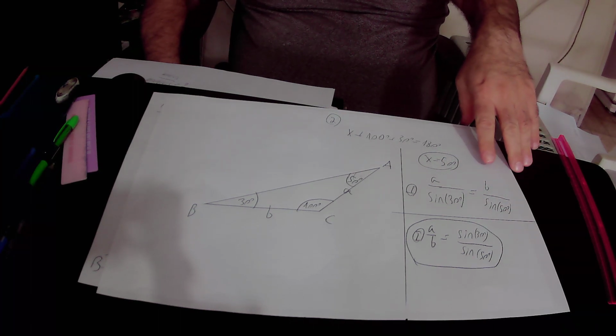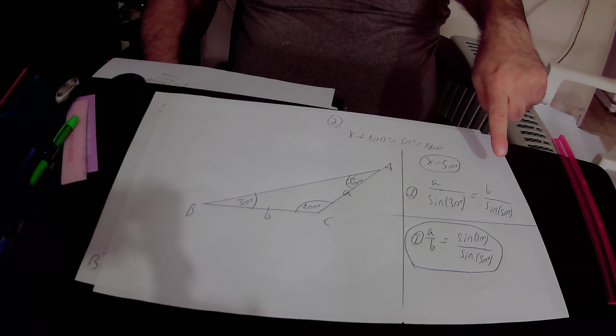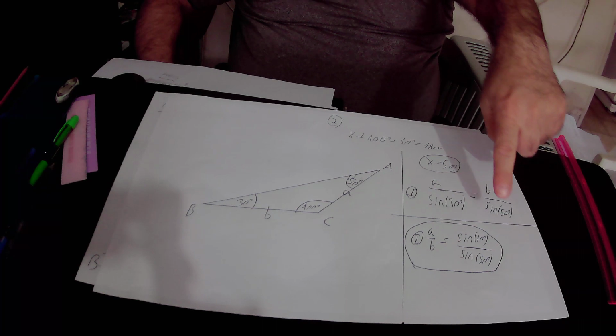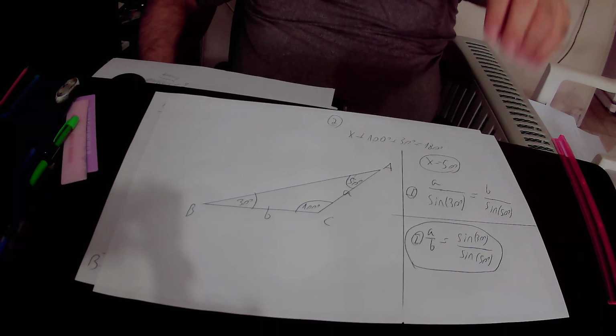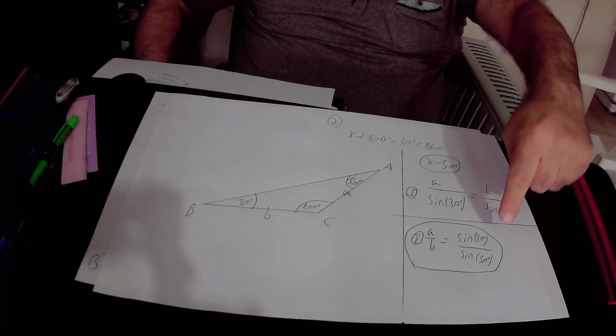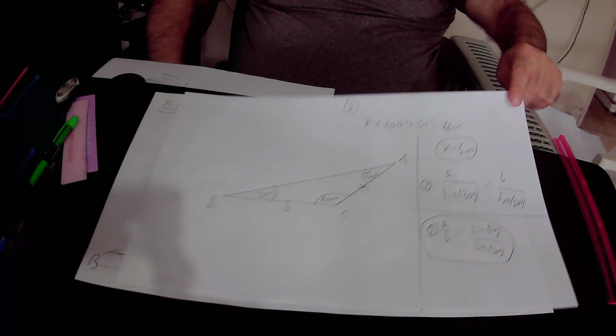Here we divided this equation number 1 by B, and then multiplied by sine 30 degrees, and we got that A over B equals sine 30 degrees over sine 50 degrees. I repeat, according to equation number 1, A over B equals sine 30 degrees over sine 50 degrees.